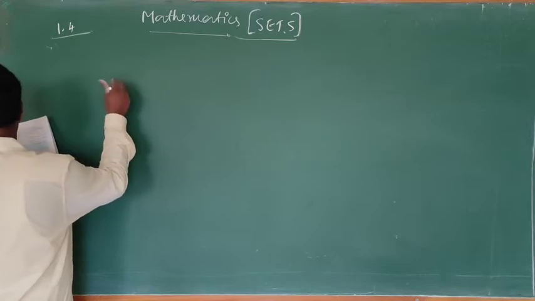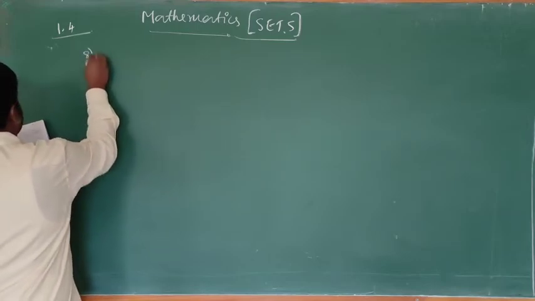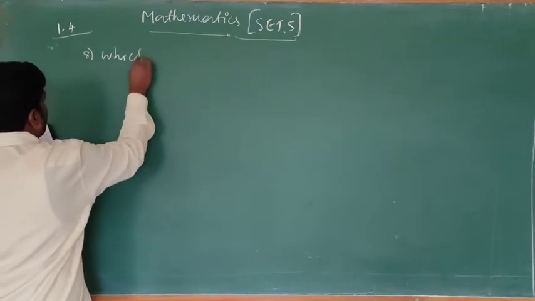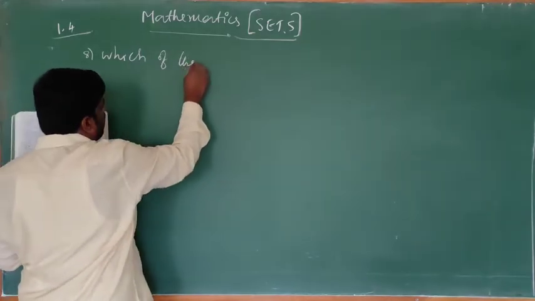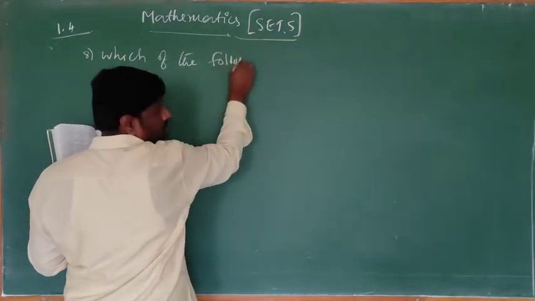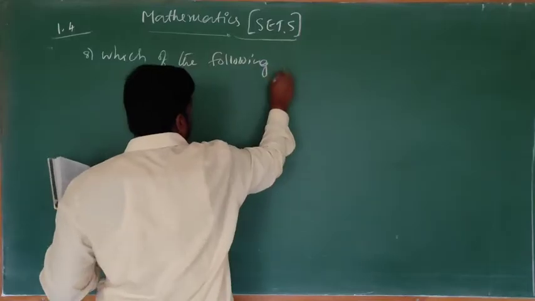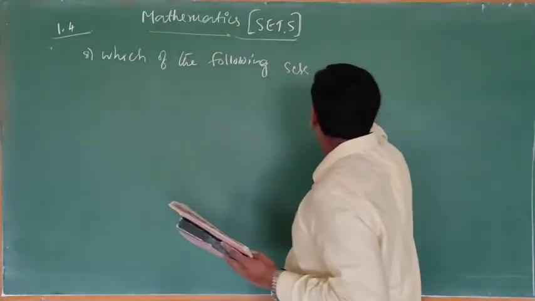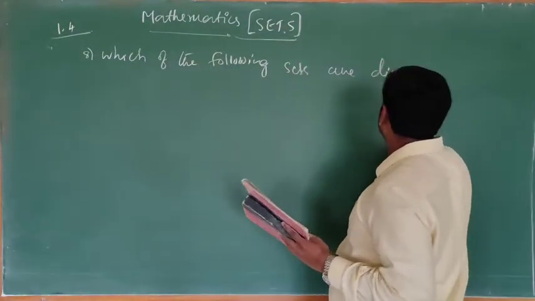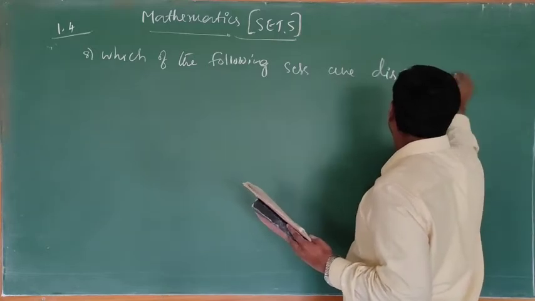Eighth one, which of the following sets are disjoint sets?